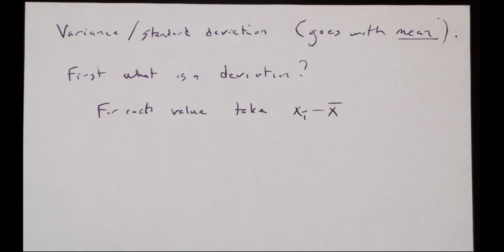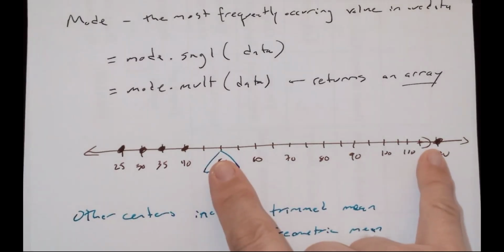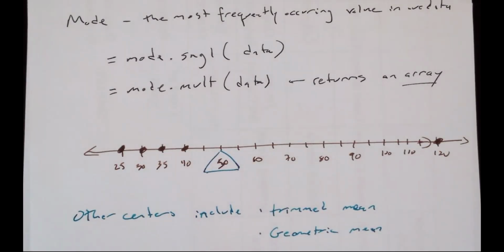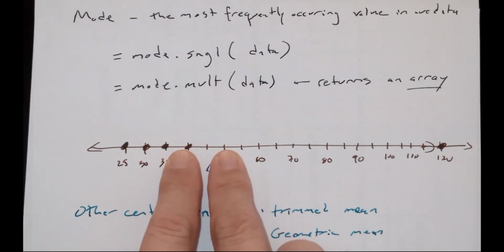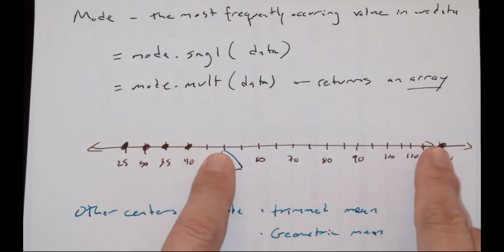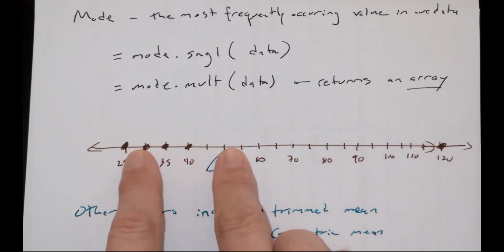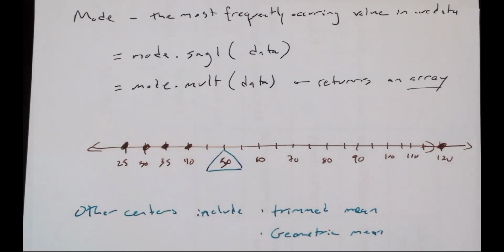Let me go back to that torque thing I was talking about with the balanced bar, where I put the fulcrum, yes? I've got this distance on this side. I've got all these different distances on this side. The distance from here to here is a deviation. The distance from here to here is a deviation. From here to here, from here to here. I've got 5 values. I've got 5 deviations here.